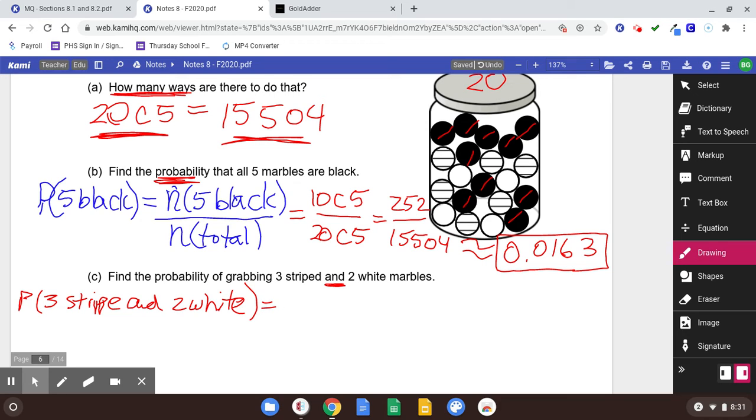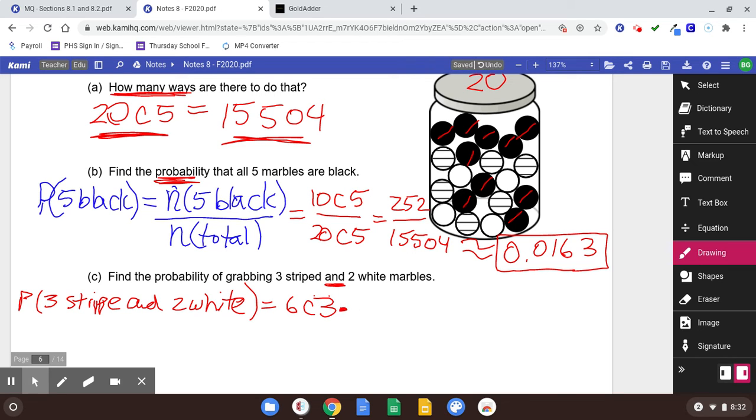So think about it: it's a group from a group. We're getting 3 stripes out of how many stripes? See how many striped ones there are? One, two, three, 4, 5, 6. 6 striped ones, we're choosing 3 of them.